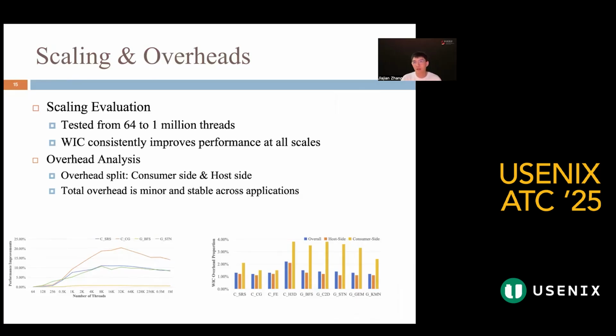The results show that WIC keeps delivering consistent performance gains even at large thread scales. As for overhead, we looked at both the consumer side and the host side. Overall, the overhead introduced by WIC is quite small, and more importantly, it stays stable across different applications.